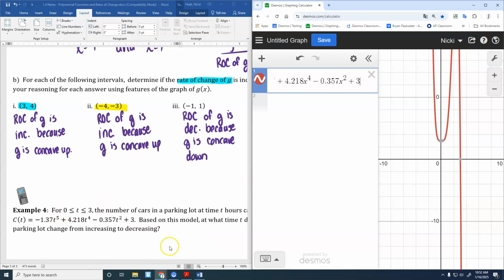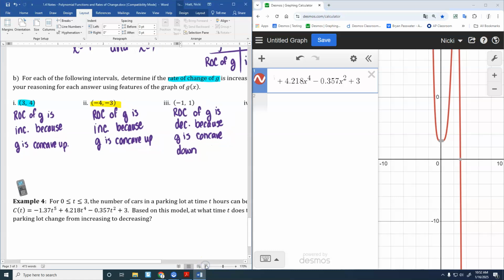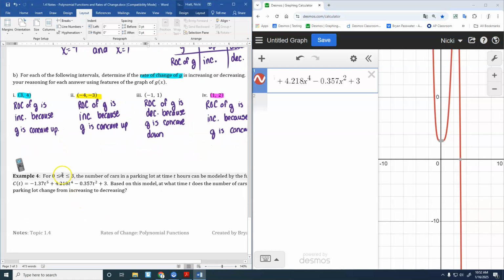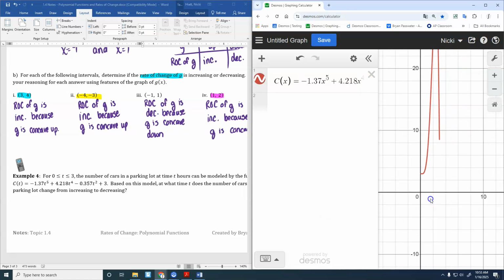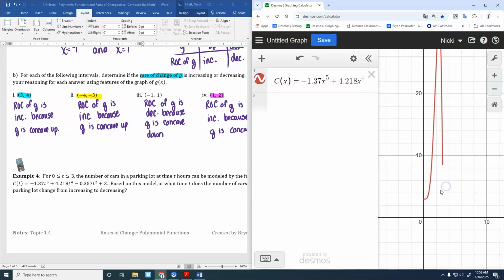notice right here, it gives you some information that you need to know. It tells you for 0 to 3. So we only care about this graph between 0 and 3, right? On Desmos, you can restrict this by doing squiggly brackets, 0 less than or equal to x less than or equal to 3. And then it will only give you the part of the graph that you need to see.